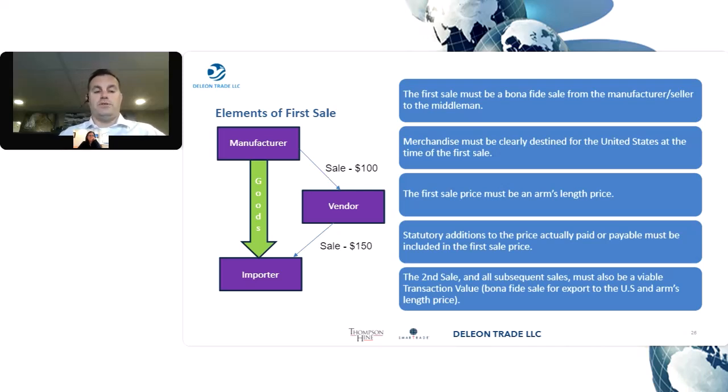Because if you fail to include those, CBP could use that as a basis for negating your first sale and say, you didn't declare certain additions, so we are saying your first sale is unacceptable, and we're going to go with the second sale price. So make sure you consider additions to value.